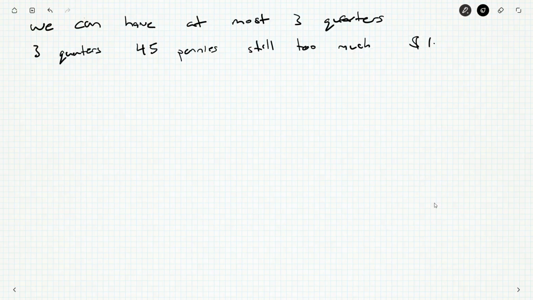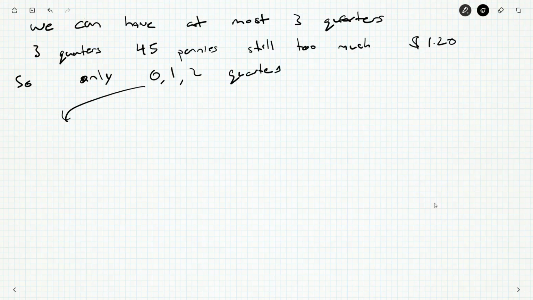It's $1.20. So only 0, 1, or 2 quarters. We know what happens with 0 quarters. Right? You can have 35 pennies, 13 nickels, and 0 dimes. Or you could have 4 dimes, 4 nickels, and 40 pennies.